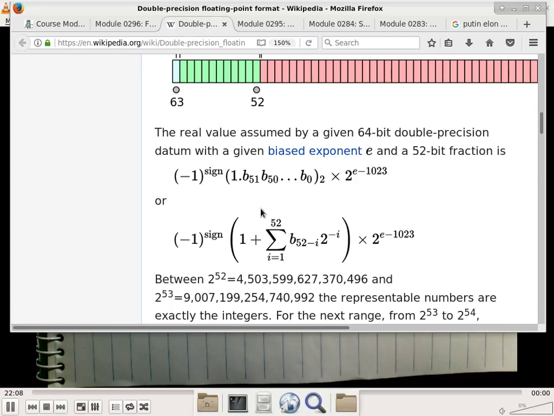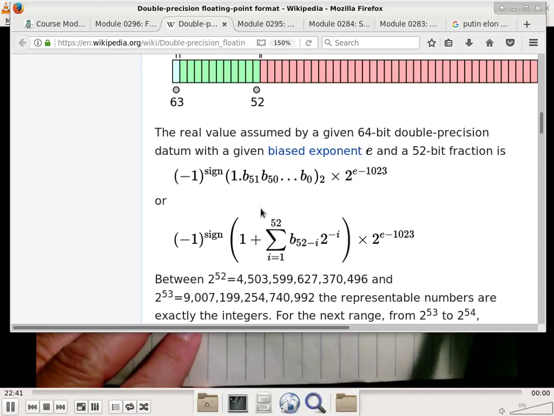So you have to subtract 1023 from E to get to the actual exponent of 2. And that controls the magnitude. The mantissa is this part here. The 1 plus has to be there because it is implied. And then the rest is really the fractional part of a normalized mantissa in base 2. Are we doing okay so far or not? Not so good, huh?